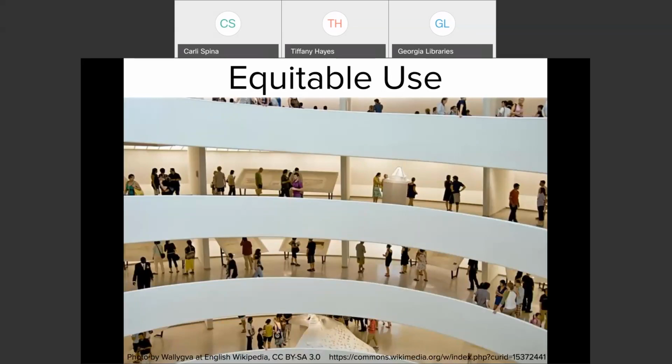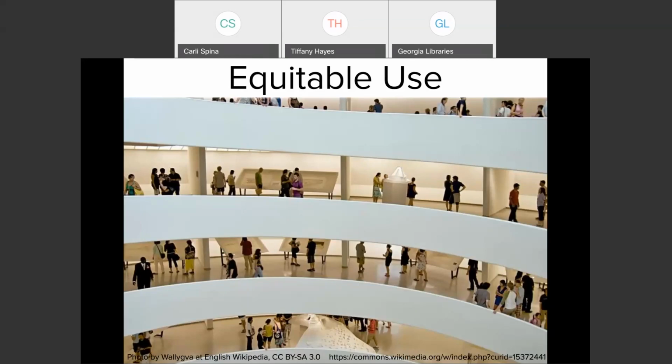So an excellent example of this is this picture of a museum here in New York City, the Getty Museum, and the entire museum is built around a large spiraling ramp. And so everyone uses the ramp. There are technically stairs. There's also an elevator if you want to navigate a different way.